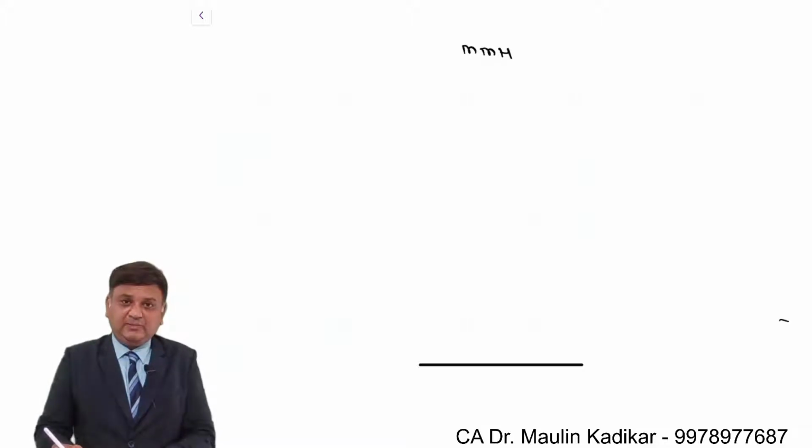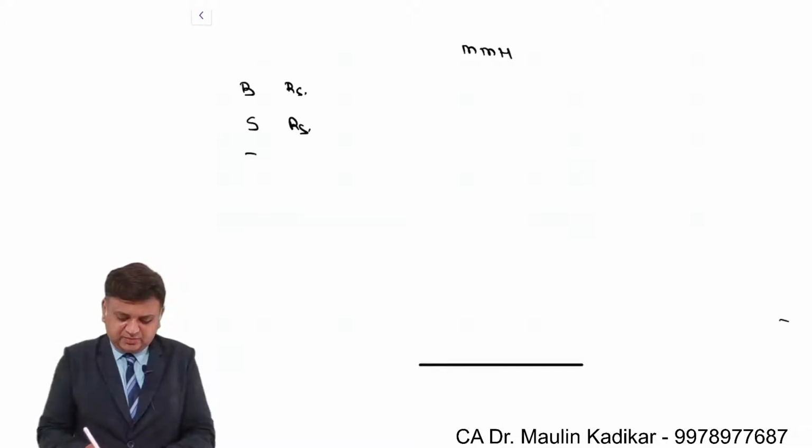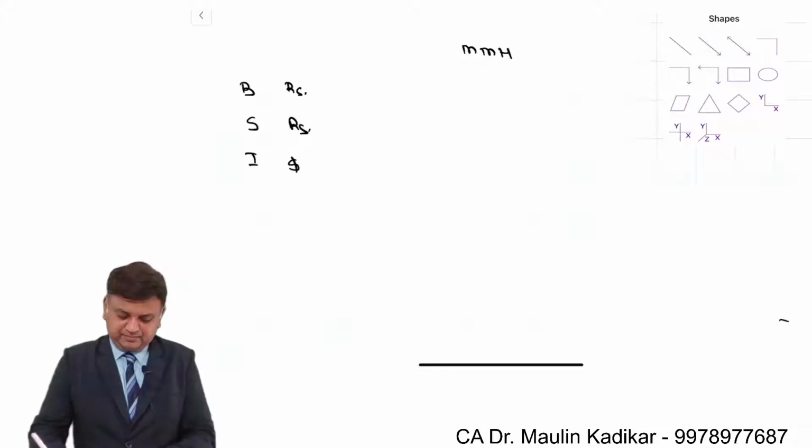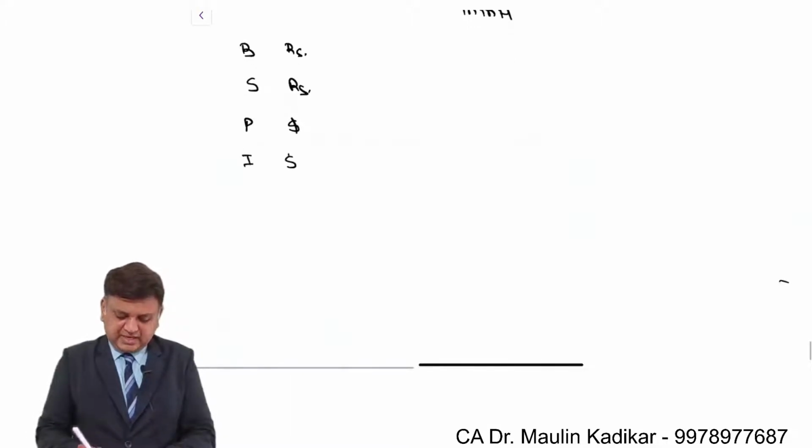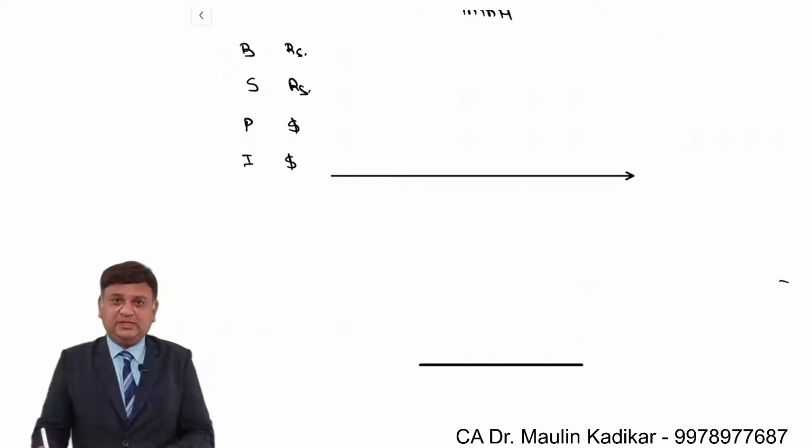In case of money market hedge, borrow rupees, sell rupees, purchase dollar and invest in dollar, so that you will get the maturity amount of the deposit as you require. This is what we understand.